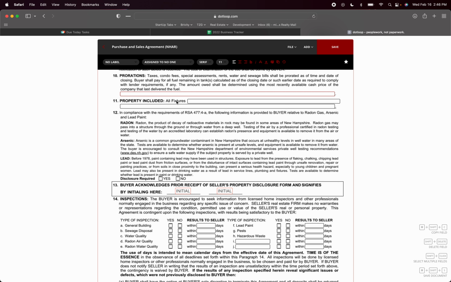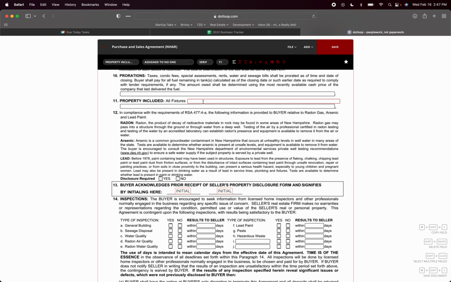Generally, it depends on the type of shed, but best practice, to be thorough and to protect everybody from the issues that can arise from a miscommunication, is to specify the shed one way or another. Do they want it to stay? Do they not want it to stay? Put it on the purchase and sale, just to keep everybody on the same page. The other thing that you really want to include here is any appliances that should be left with the property. And again, you want to be specific.